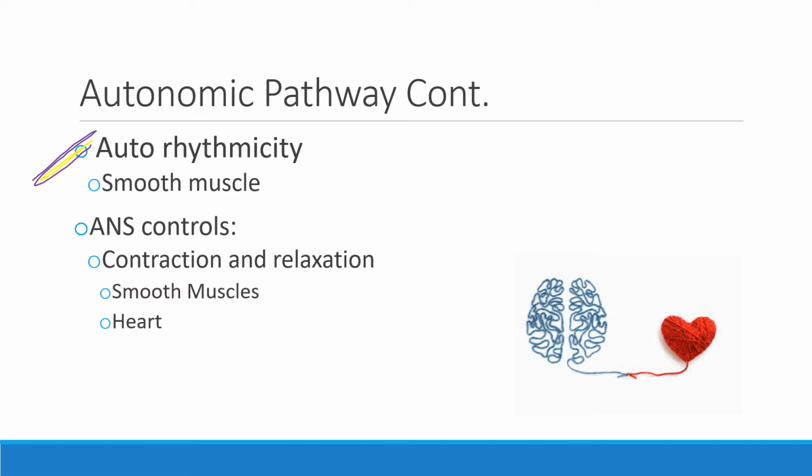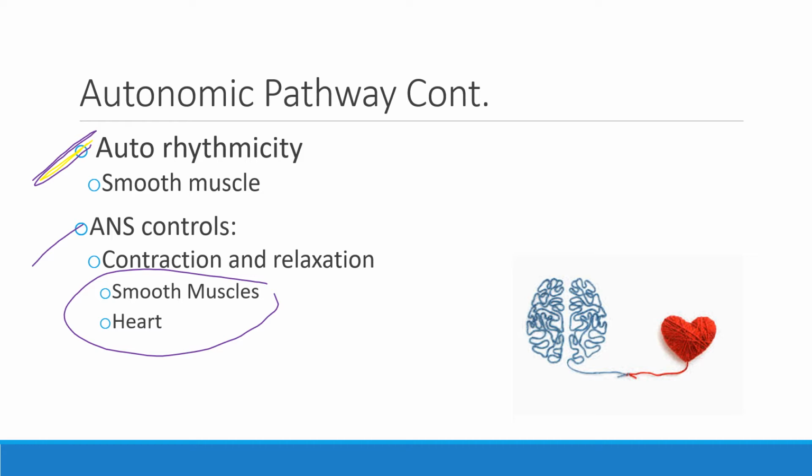Remember, this is part of your autonomic pathway, your automatic pathway. The autonomic nervous system, the ANS, controls contraction and relaxation of your smooth muscles and your heart. So you have to remember that you're looking at their own smooth muscles.